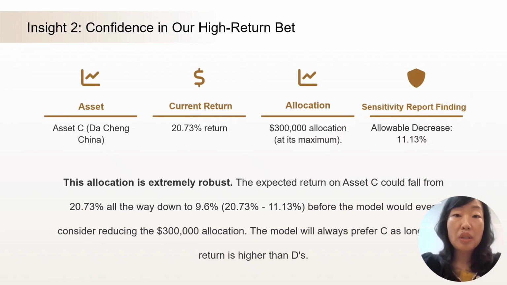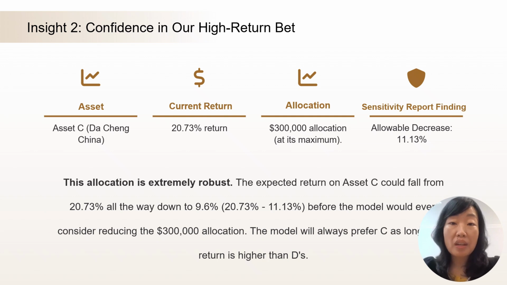Second, we wanted to know how confident we should be in our high-return bet on SSC, the Dacheng China Fund. We allocated the maximum 300,000 to it because of its high 20.73% return. The sensitivity report shows an allowable decrease of 11.13%.